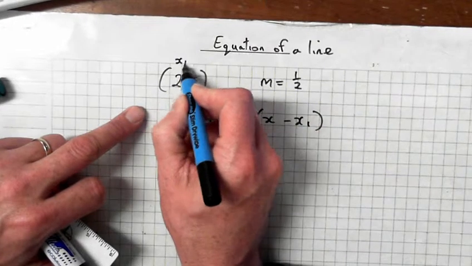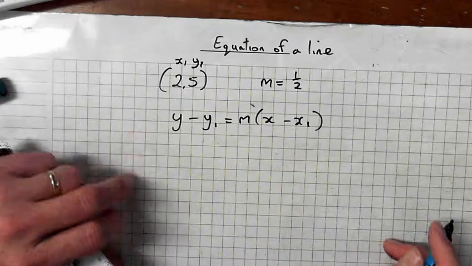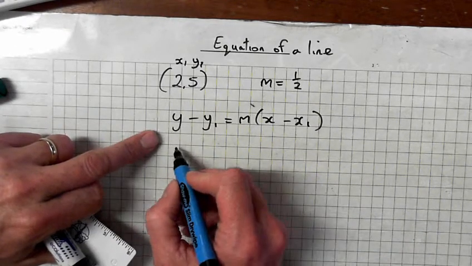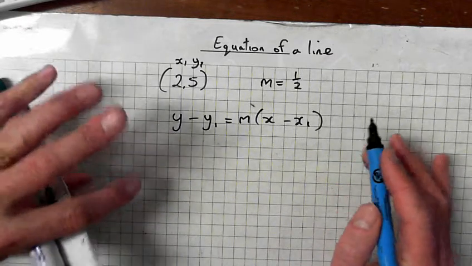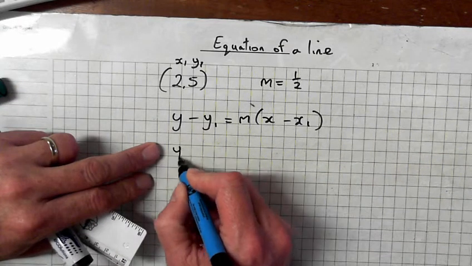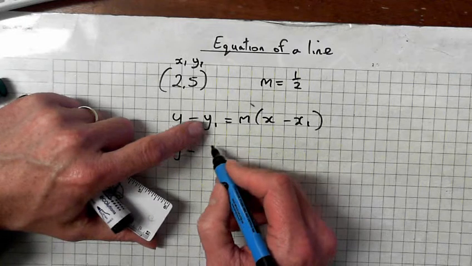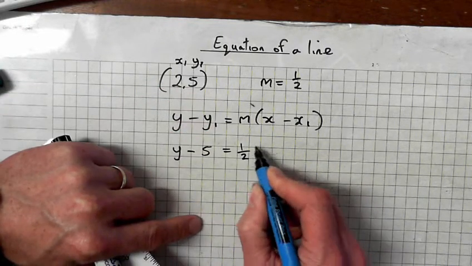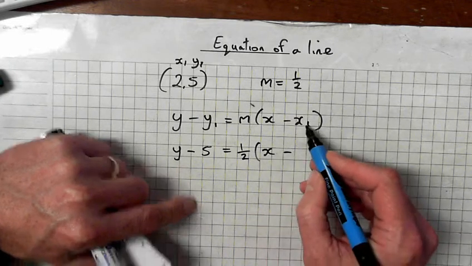Right, so you mark it x1, y1. Just watch. There's a little bit of a trick and a slight difference in this one. So y minus y1, which is 5, is equal to m, which is a half, times x minus x1, which is 2.